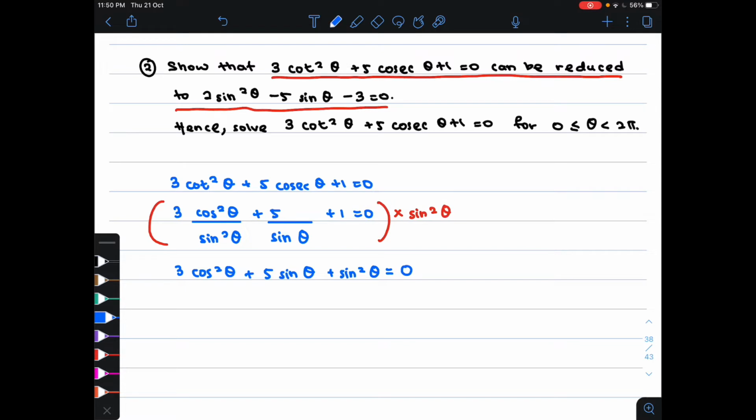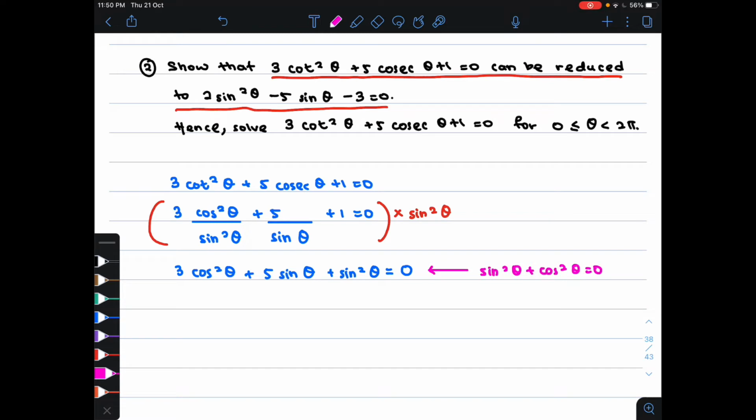And we will get 3 cos squared theta plus 5 sin theta plus sine squared theta equal to 0. Now we can see that we have cos squared theta, sin theta and sine squared theta.